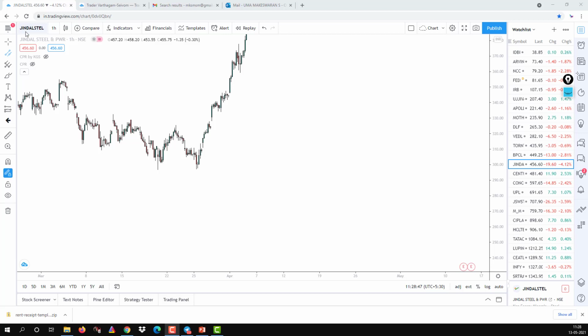This is the Jindal Steel 1 hour time frame chart. In this chart we will see there is one descending channel pattern here. We will see how to draw the channel in this chart.